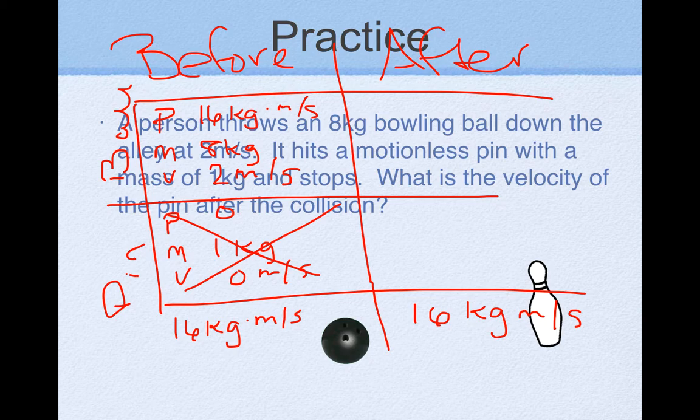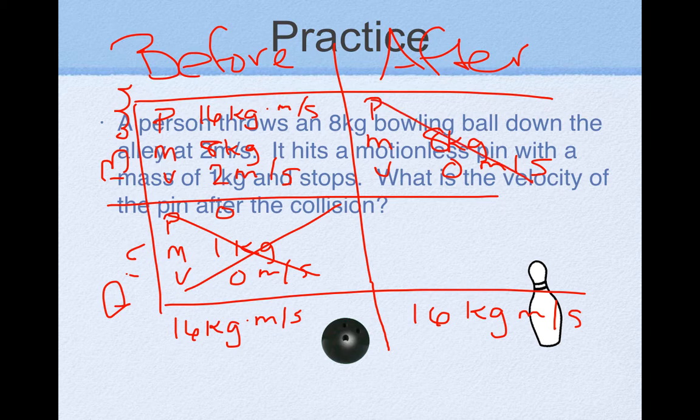So then let's figure out what's going on. We've got our P, our M, our V of the bowling ball. The mass of the bowling ball hasn't changed. It's still 8 kilograms. But through the problem, we see that the motionless pin has a mass, and the bowling ball, once it hits the pin, stops. So the velocity there is 0.